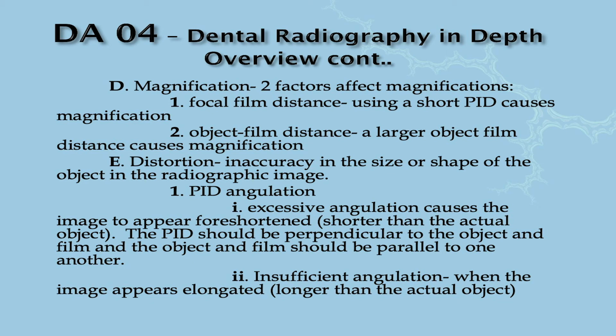Distortion occurs when the accuracy of the size or shape of the object is lost in the radiographic image. So the PID angulation: excessive angulation causes the image to be foreshortened, as we discussed, and insufficient angulation occurs when the image appears elongated.